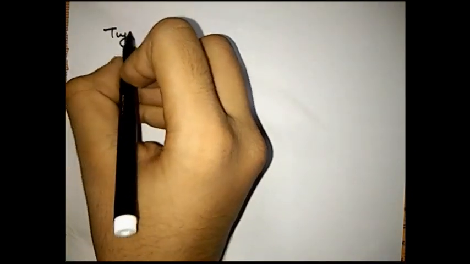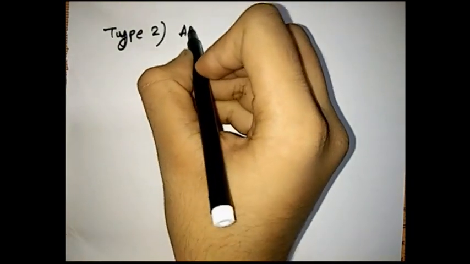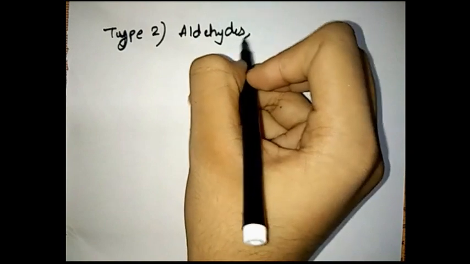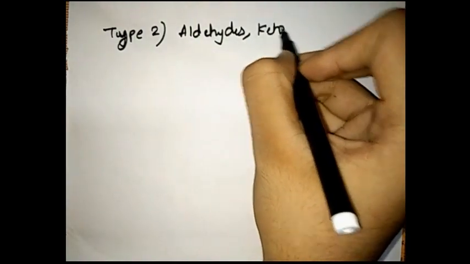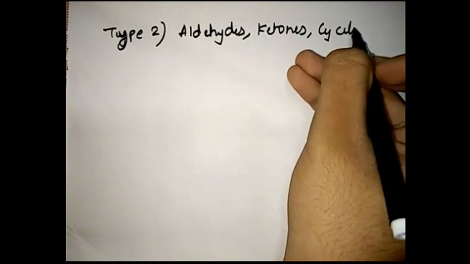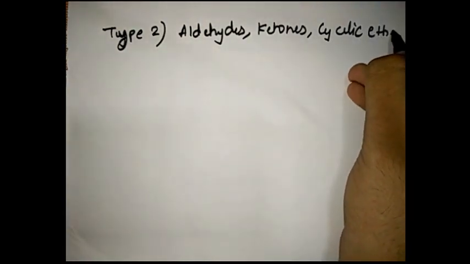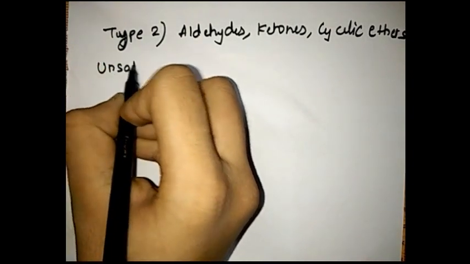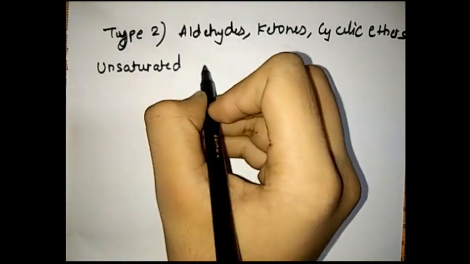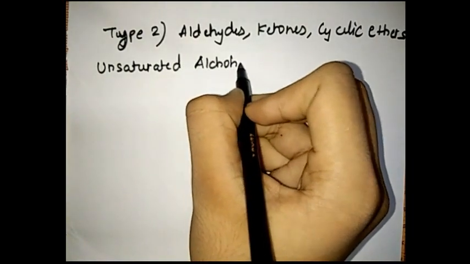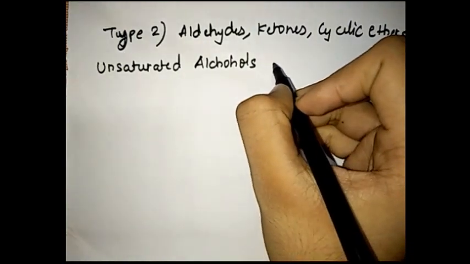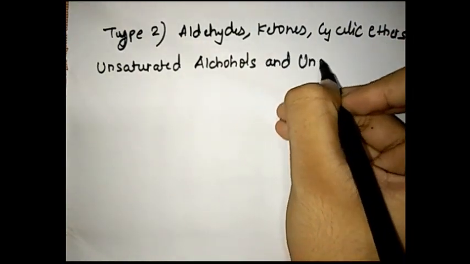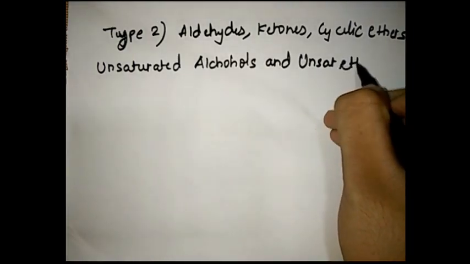In the next subtype, type 2, we have placed aldehydes, ketones, cyclic ethers, unsaturated alcohols and unsaturated ethers.